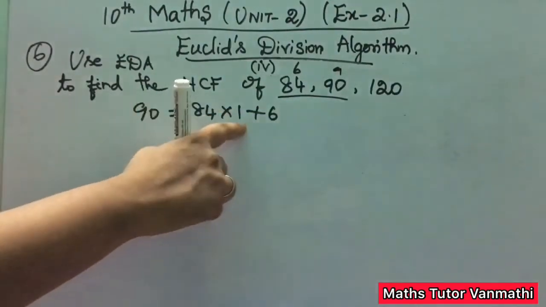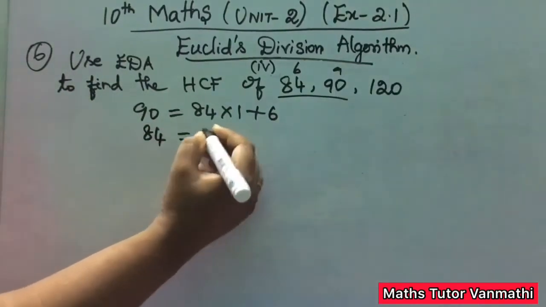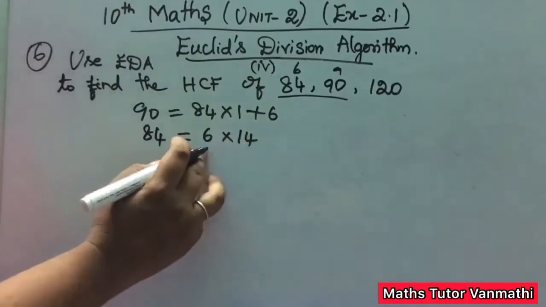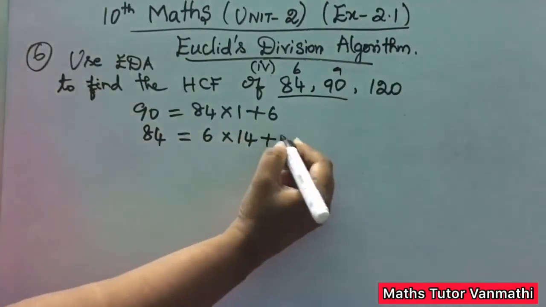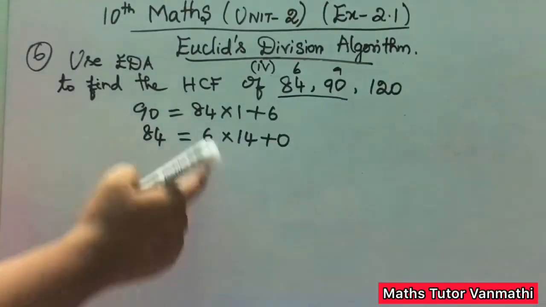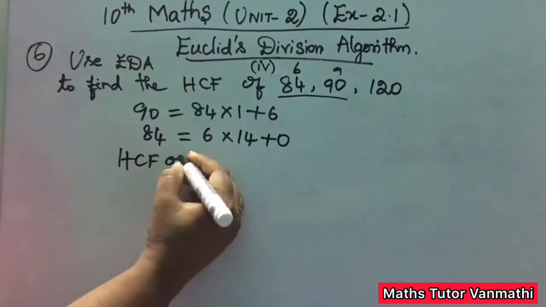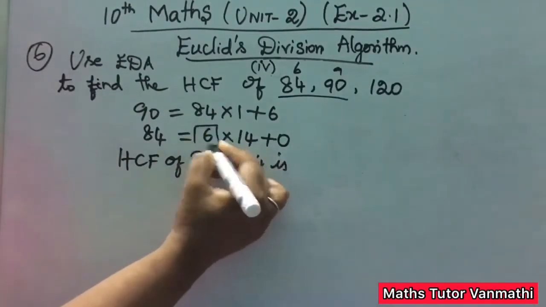Clear? 84 ones are 84 plus 6 you will get 90. And again the process repeats. 84 equal to 6 into 14. 6 fours are 24, 6 ones are 6, 8, 84. Then you will get the remainder as 0. Up to this it is over. Here the HCF of 90 and 84 is 6.